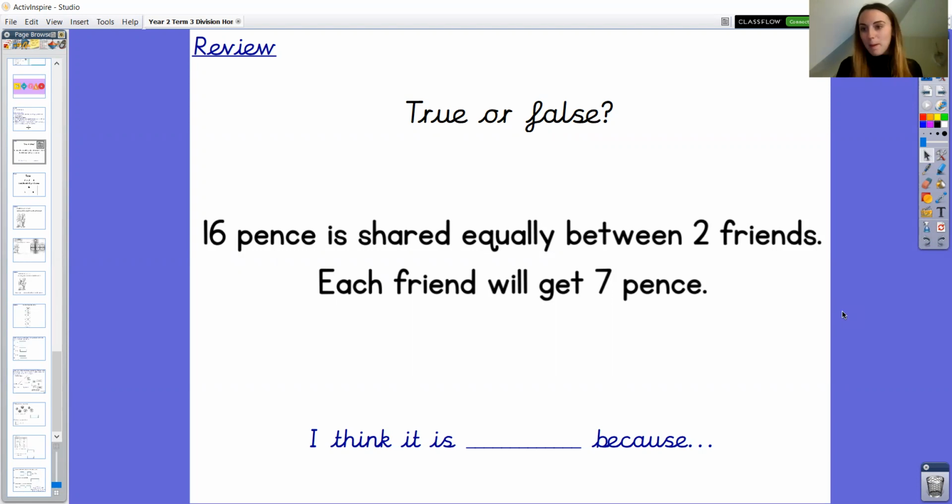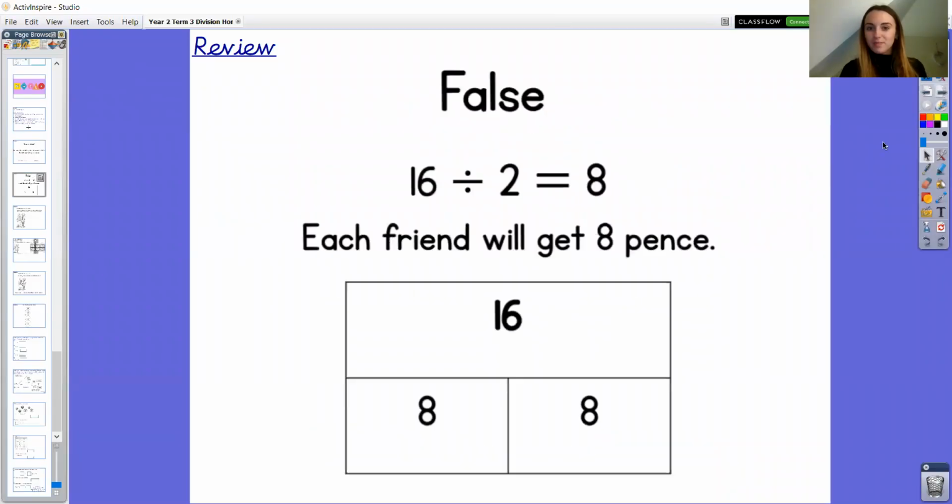I think it is... because... Well done, Year 2. So let's have a look together. It is false. 16 divided by 2 equals 8. And you can see this represented in the bar model here. There are two parts which represents our two friends and the whole amount, which is 16 pence.